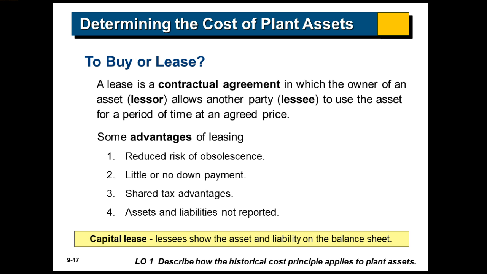There is another type of lease called a capital lease, which is handled a little different. But for a pure operating lease, you're using it for a certain amount of time. You use it for a certain price, and when you're done during that time, you give it back, and it's done. That's a lease.